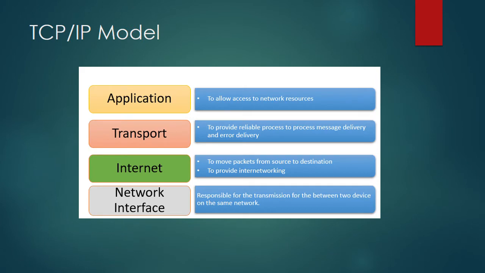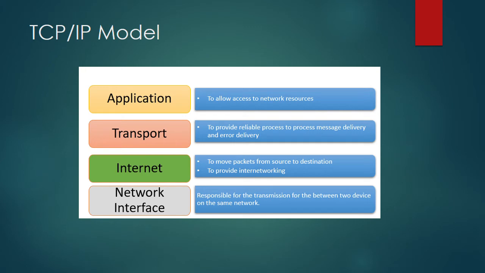And the other layered architecture design is the TCP/IP model. The TCP/IP model is designed as 4 layers, and if you can see the screen, you can see the 4 layers. First is the network interface layer.